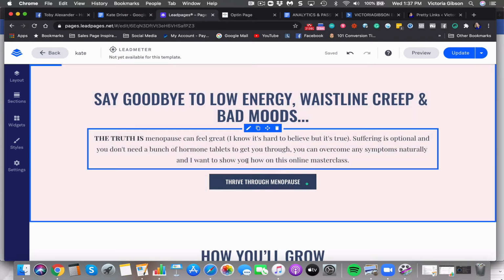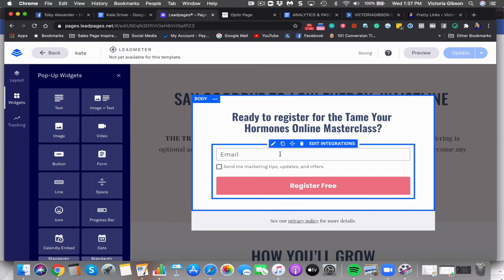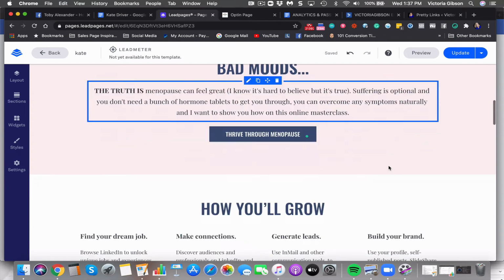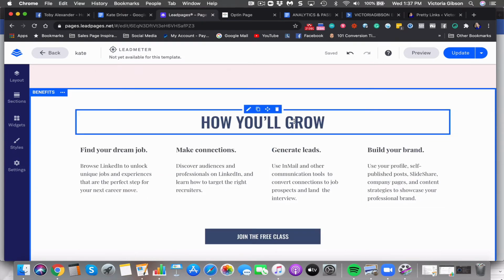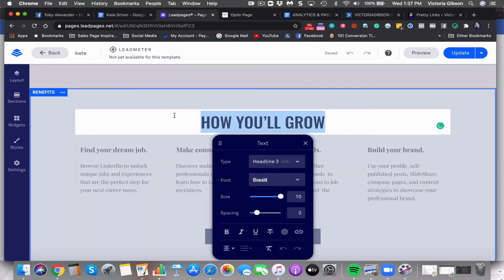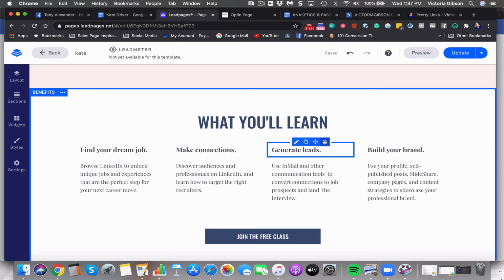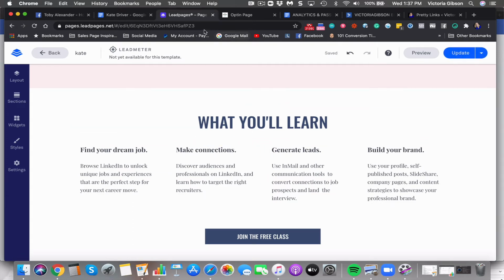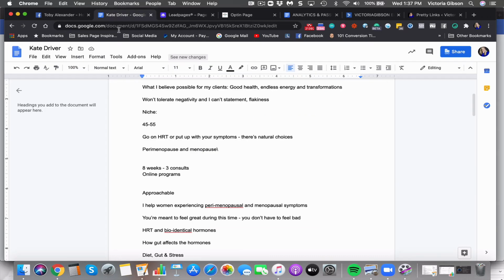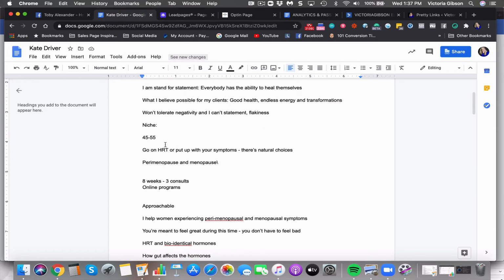And then you're going to want to check that you've got the pop-up there again as well. Okay, that's the same one there. You could have what you'll learn, and then you could have your 3 actionable takeaways there. Now that's got 4, so I can probably just take that away. What have we got here? We've put those 3 ones.